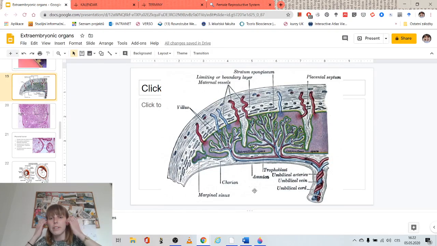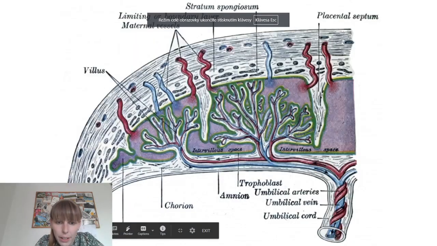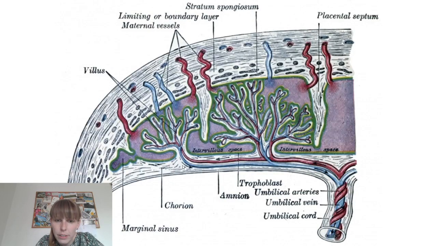So the chorionic plate will be composed of the extra embryonic mesoderm, so the same stuff that's filling the villi. So I will make it larger. So the chorionic plate is this area, and the villi come from it. So it's filled with the same stuff that the villi are filled with, so that's extra embryonic mesoderm.